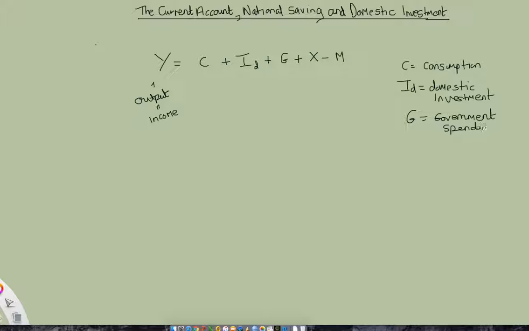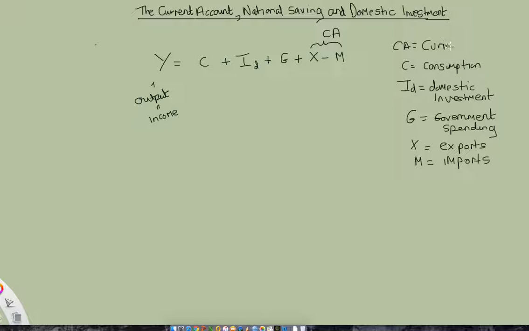We're looking at output. Nothing is expected in return for a transfer payment. So X, as we know, is exports, and M stands for the value of imports. So right there you can see the current account is in this because we've got X minus M here, so this is the current account. CA stands for the current account.